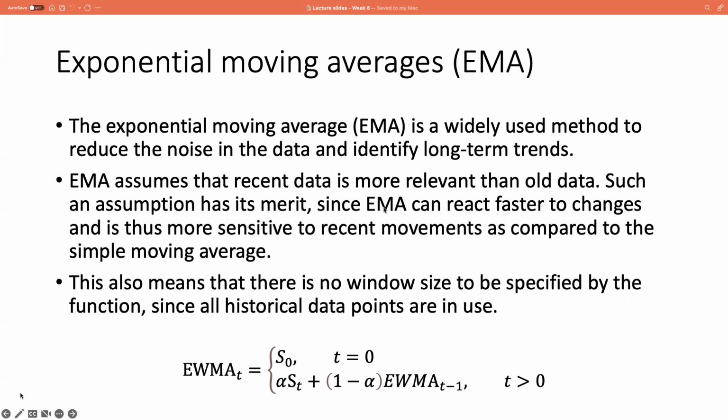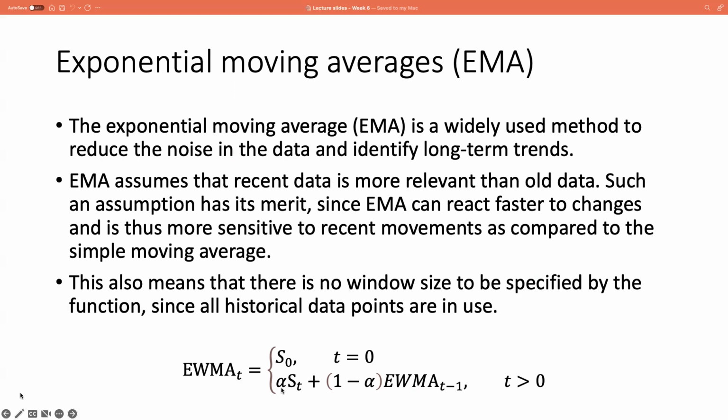The merit is that EMA can react faster to changes in the recent periods, so it is more sensitive to the recent movements in price, but subject to a control parameter called alpha.